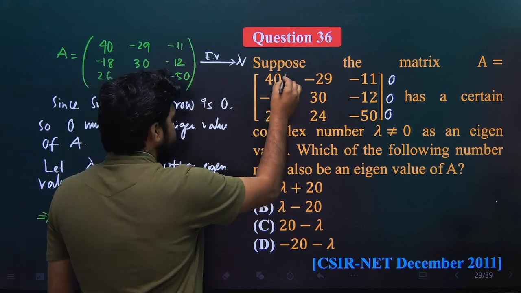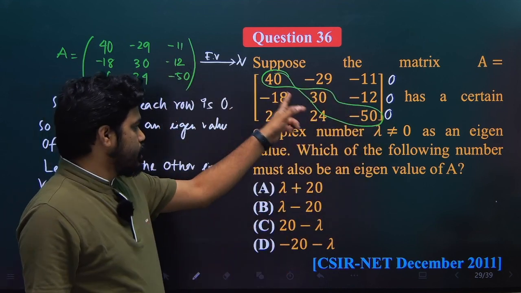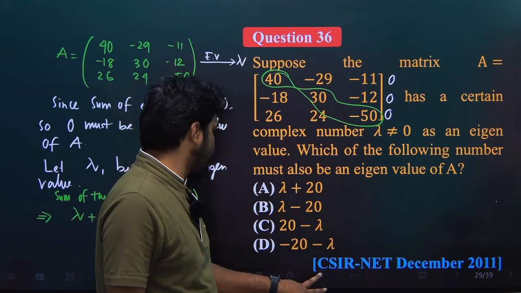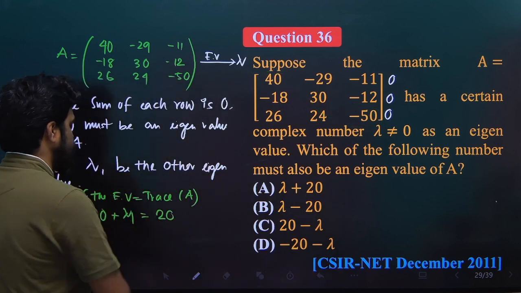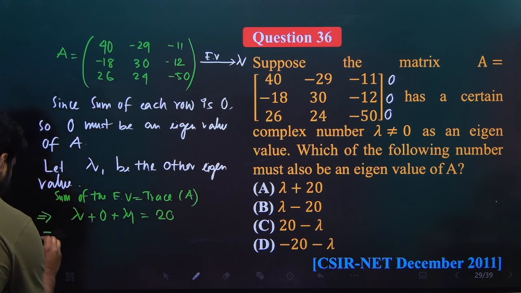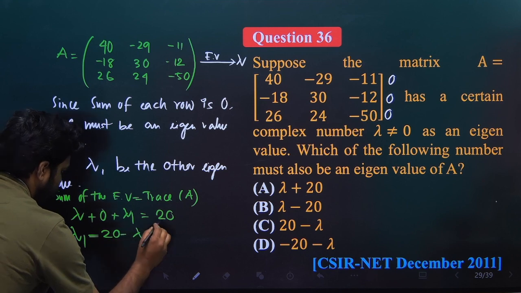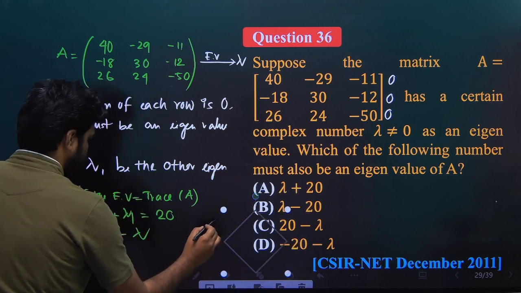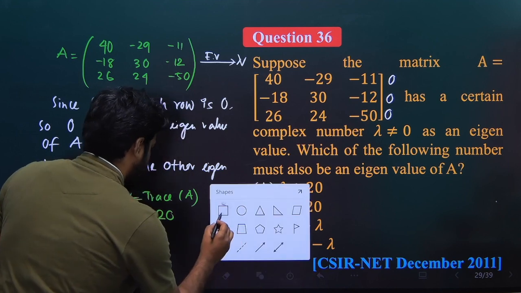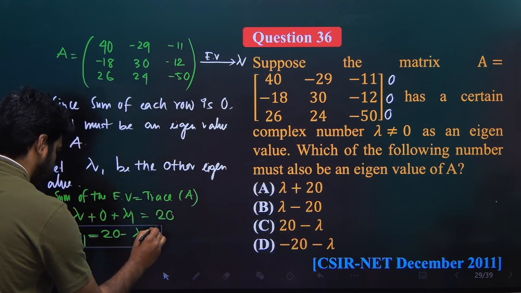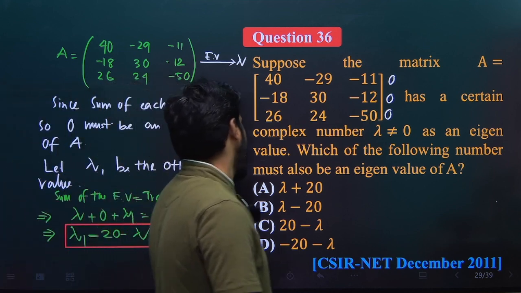Trace means the sum of the diagonal elements, that is 40 plus 30 minus 50, that is 20. So the sum of the eigenvalues is equal to the trace, which is 20. This implies lambda 1 is 20 minus lambda.